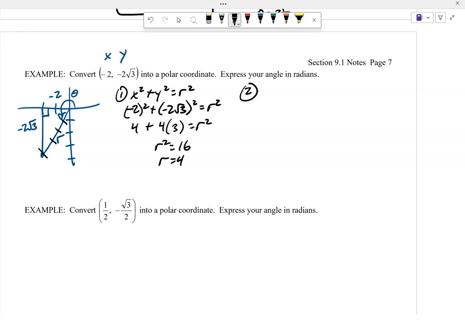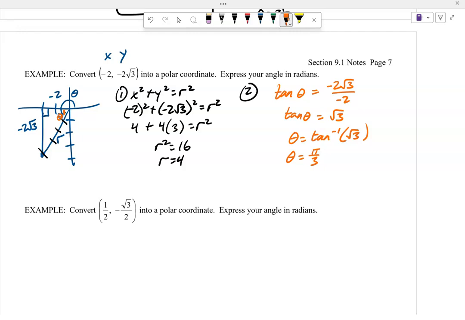The second thing we do is we're going to use this theta prime in here. I'm going to say, well, the tangent of that theta using theta prime is opposite over adjacent. So the tangent of theta is root 3. And so if we run the arctangent on that, the arctangent of root 3, and this is looking between negative pi halves and pi halves, then that theta would end up being pi thirds.